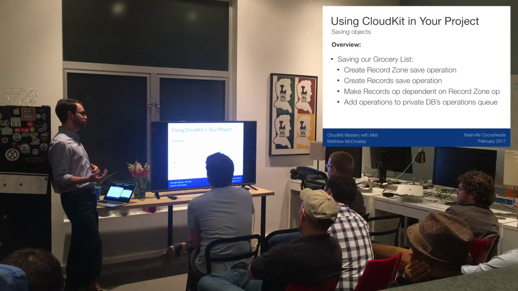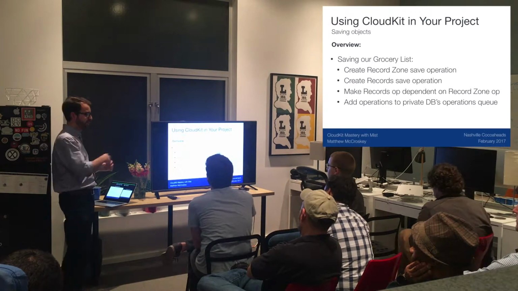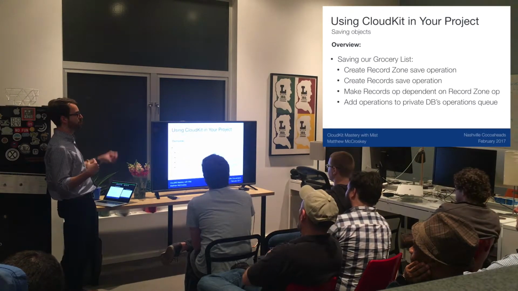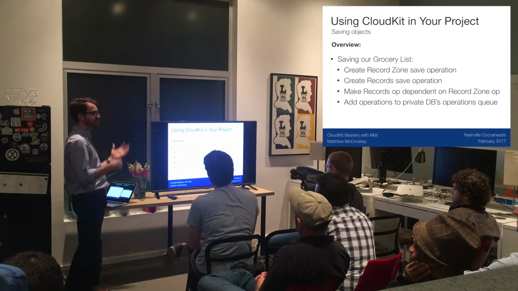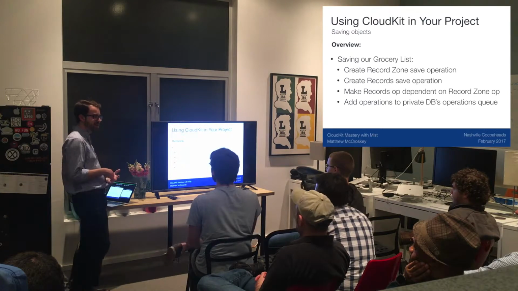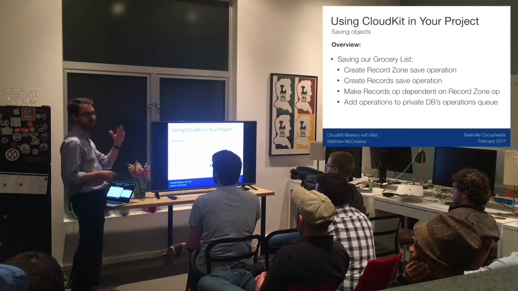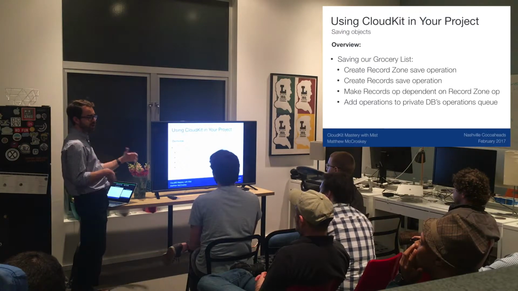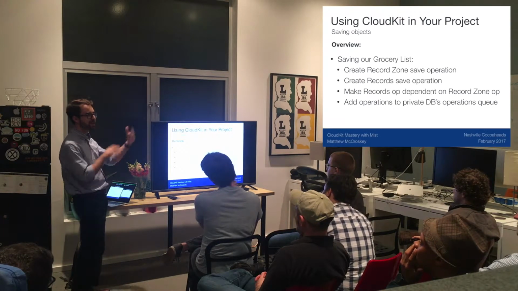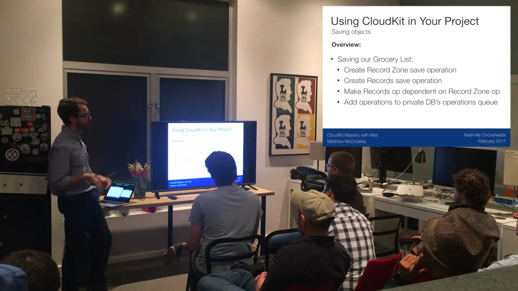So you generally create one, and all of them are of the form CK, take an action on a thing, operation. For instance, CKModifyRecordsOperation, or CKFetchRecordZonesOperation. And you would provide the thing you need. So if you're modifying records, the records you want to modify. If you're fetching records, the IDs of the records you want to fetch. Right? So you create that.